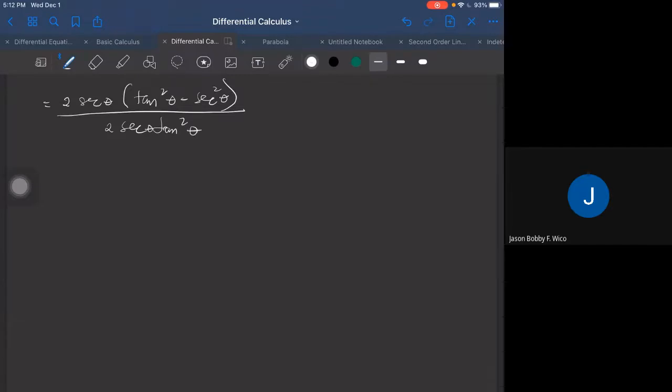Okay. We can cancel this. But what is tangent squared theta minus secant squared theta? From our identity, na 1 plus tangent squared theta equals secant squared theta, we can write tangent squared theta minus secant squared theta equals negative 1. So therefore, this is negative 1.